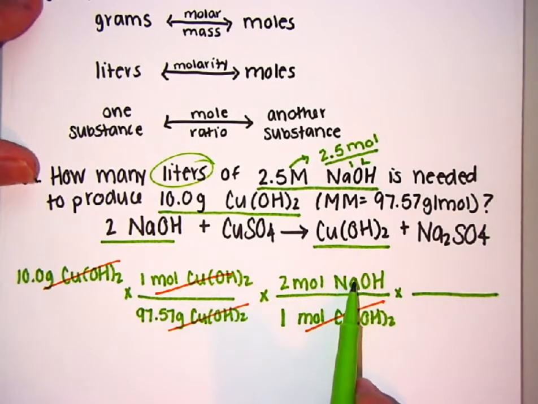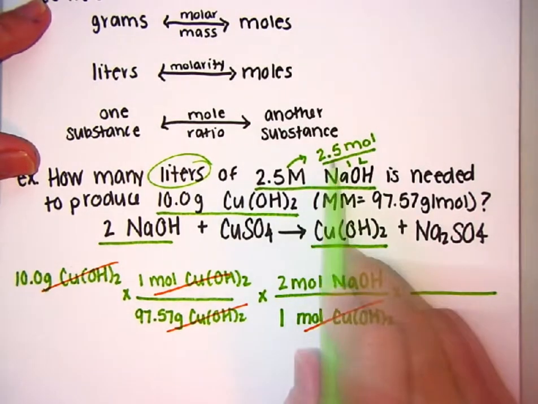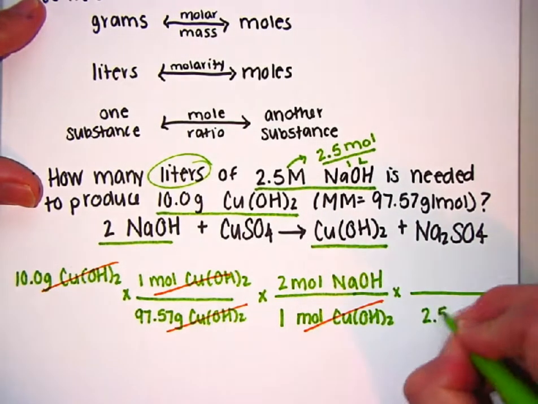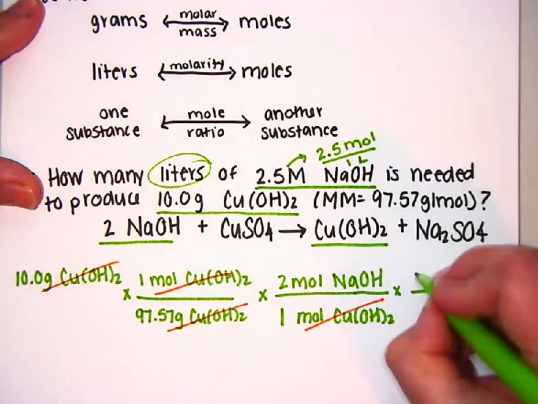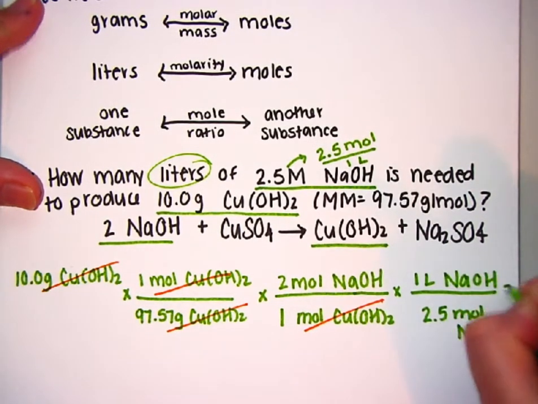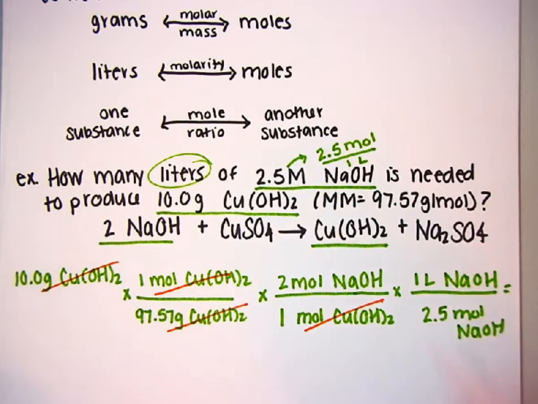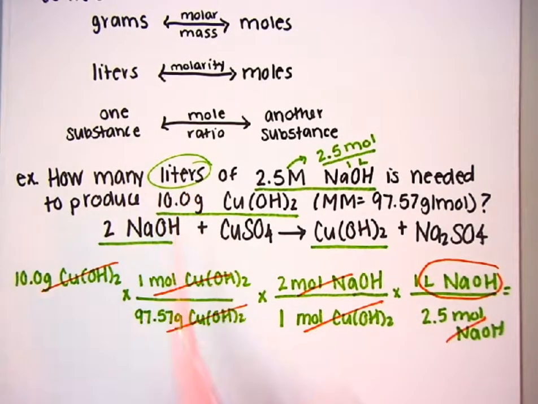I want moles to cancel, so that means mole would have to go in the denominator. And I have 2.5 moles per every 1 liter. So now moles of sodium hydroxide will cancel, and I'm going to be left with liters of sodium hydroxide, which is what I'm solving for.